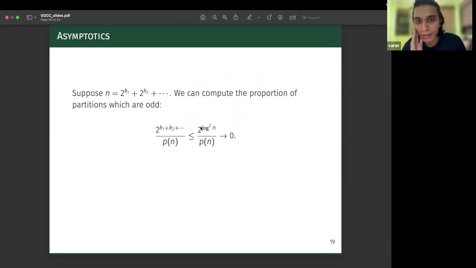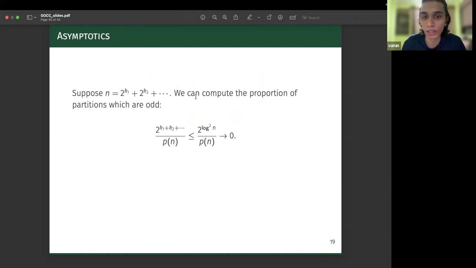The second interesting thing about these is that we can ask about the asymptotic analog of the enumerative problem. So suppose n is 2 to the k1 plus 2 to the k2 and so on. That's its binary representation. We can compute the proportion of partitions which are odd.